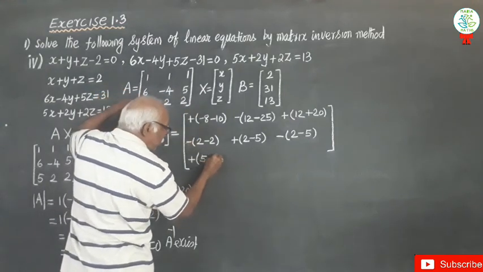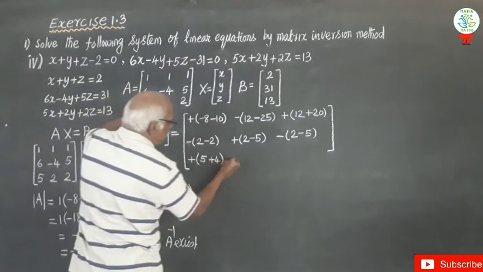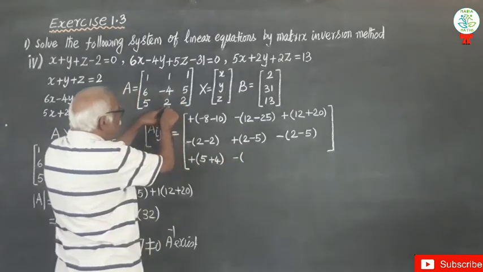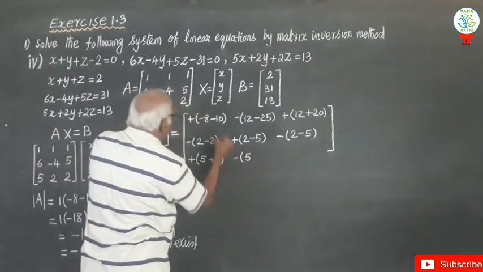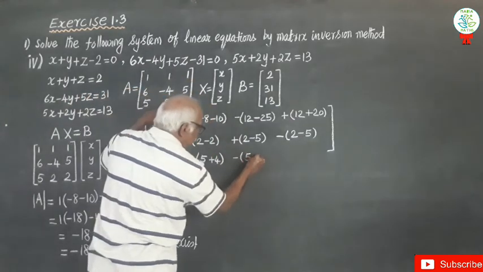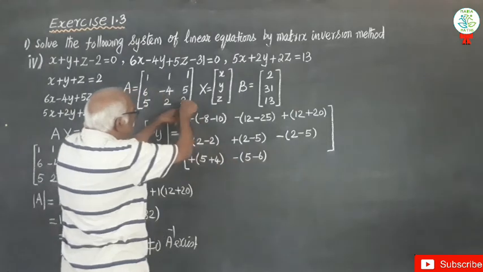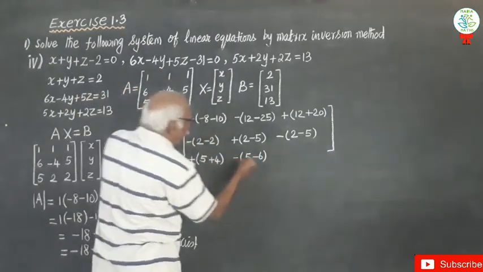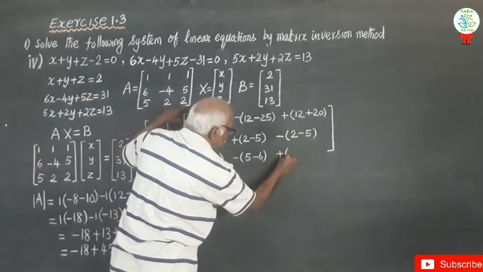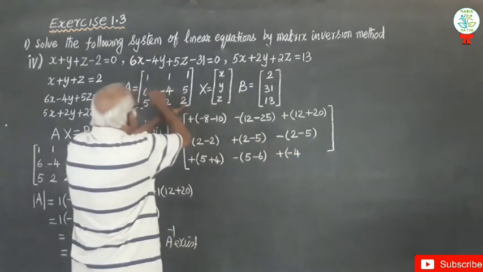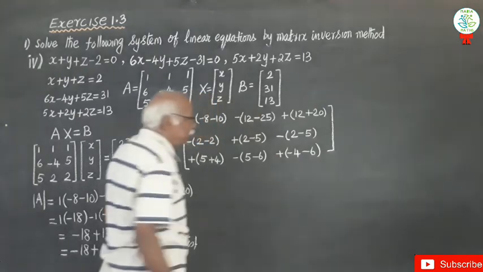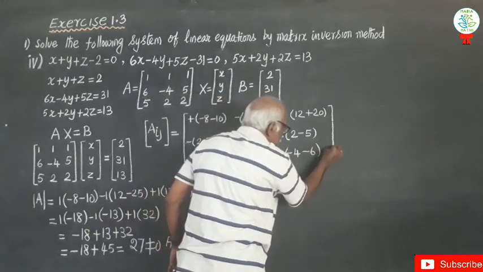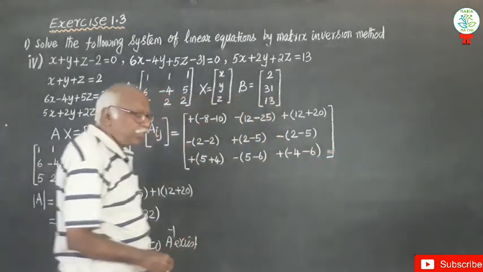For this element: 1 into 5, 5 minus 6 into 1, minus 6. For this element: 1 into minus 4 minus 6 into 1, minus 6. Then simplify.